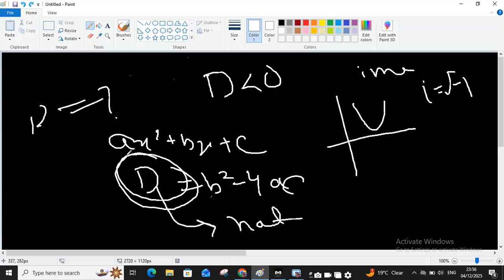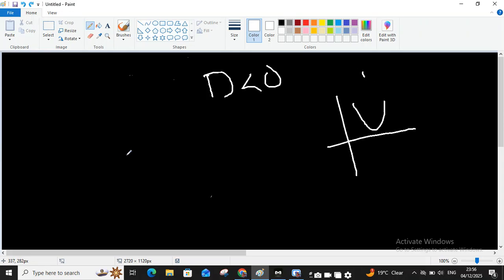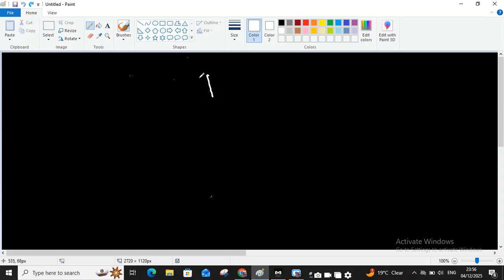Now let us come to a new topic. We know that a quadratic equation is always like ax squared plus bx plus c. Let the roots be alpha and beta. Then there's some relation of alpha and beta.